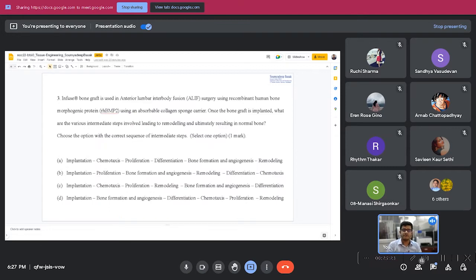Now we'll come to the third question. So we all have studied about the infuse bone graft, right? The question goes like: infuse bone graft is used in anterior lumbar interbody fusion (ALIF) surgery using recombinant human bone morphogenetic protein (rhBMP-2) and an absorbable collagen sponge carrier, right?